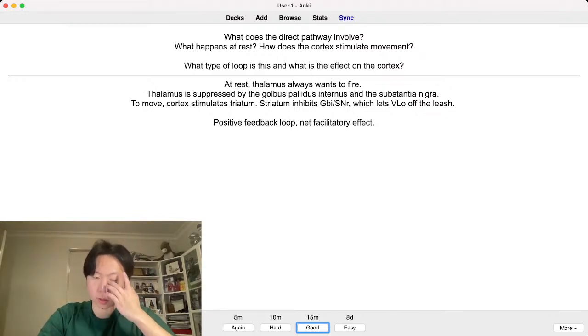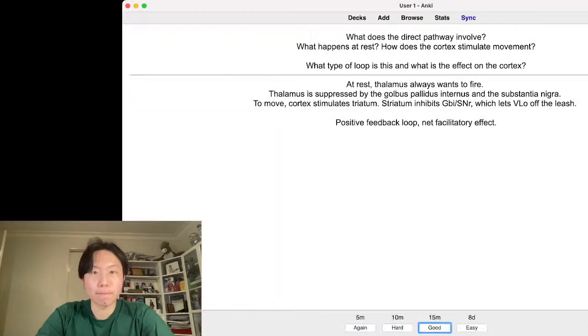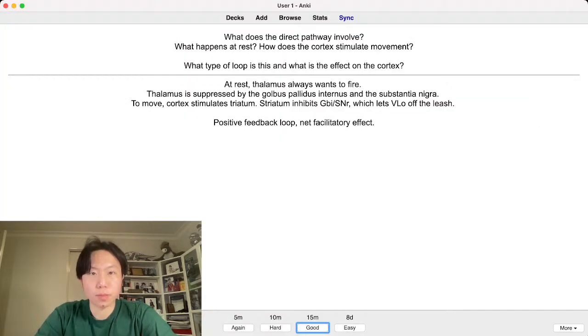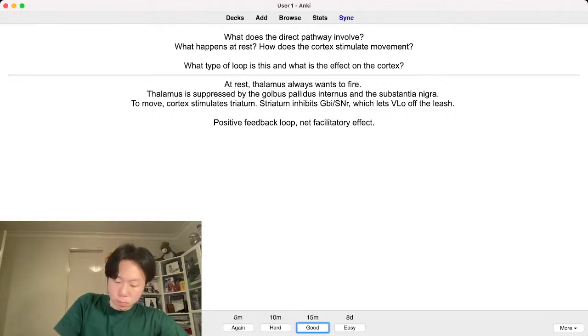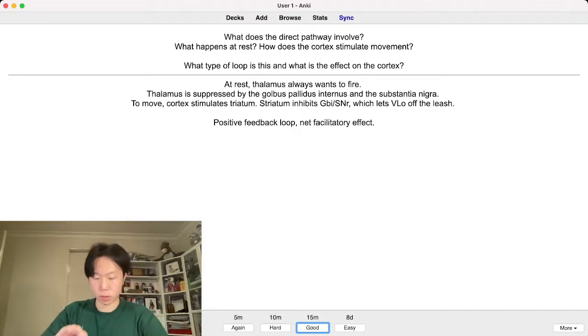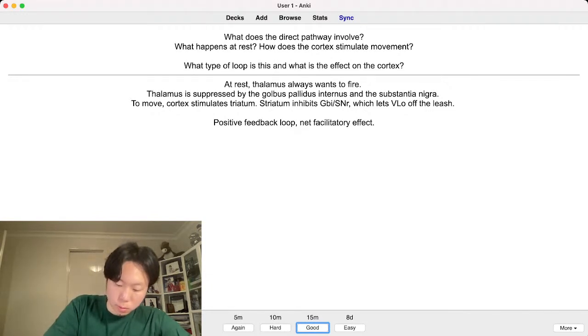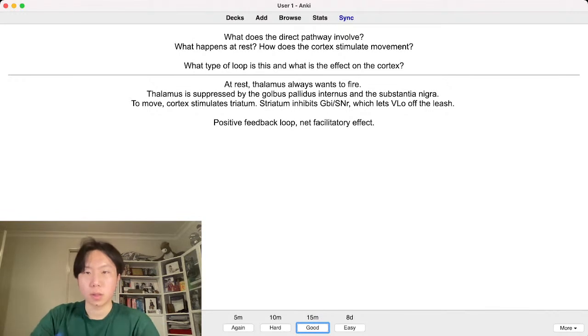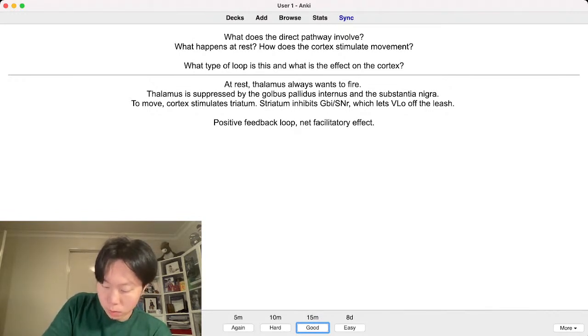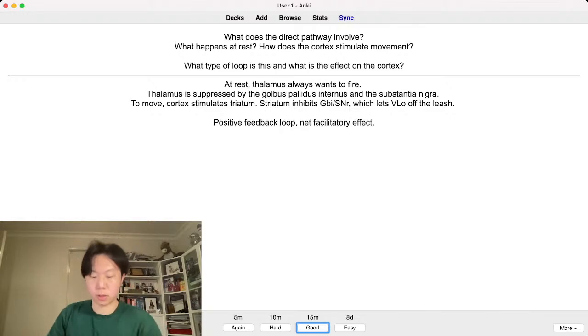The substantia nigra, inhibitory. Inhibit tonic. Alright.